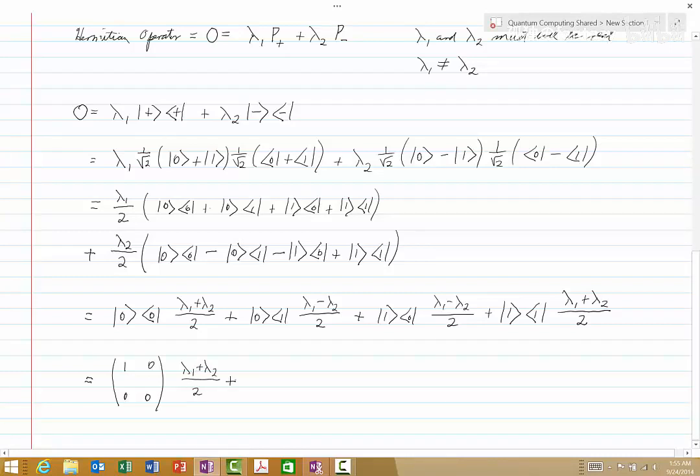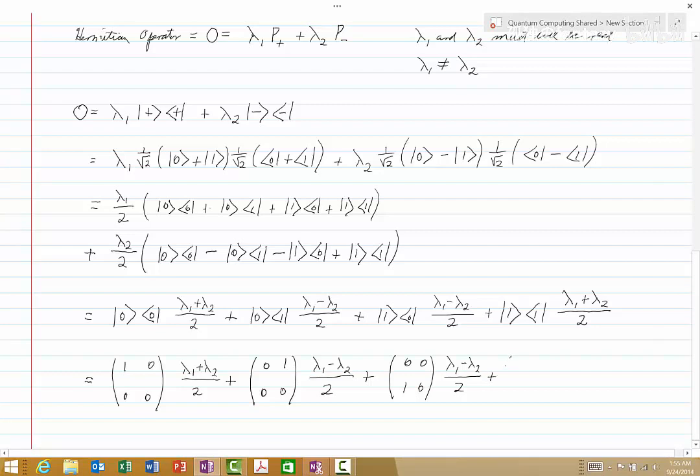The matrix form for the |0⟩⟨1| operator is [0, 1; 0, 0], and that's (λ1 − λ2)/2. The matrix corresponding to the |1⟩⟨0| operator is [0, 0; 1, 0], then we have (λ1 − λ2)/2.